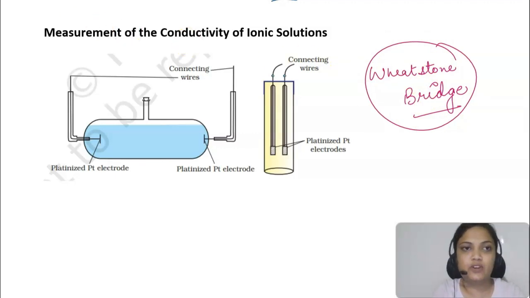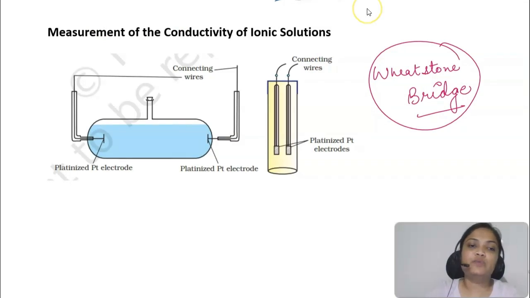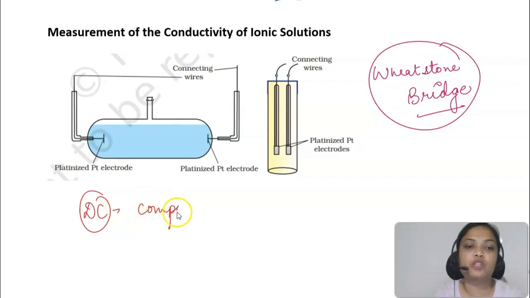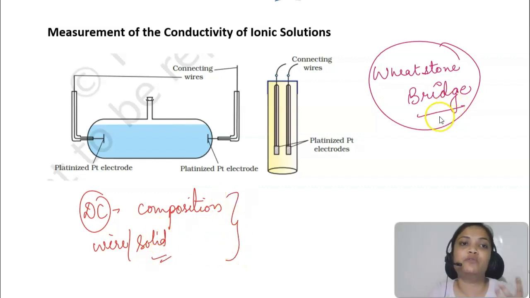There are two reasons for that. Firstly, if we pass DC current through that ionic solution, it will change the composition of the solution. And moreover, we cannot attach the solution using wire or some solid. So these are the two reasons why we cannot use a Wheatstone bridge for ionic solutions.